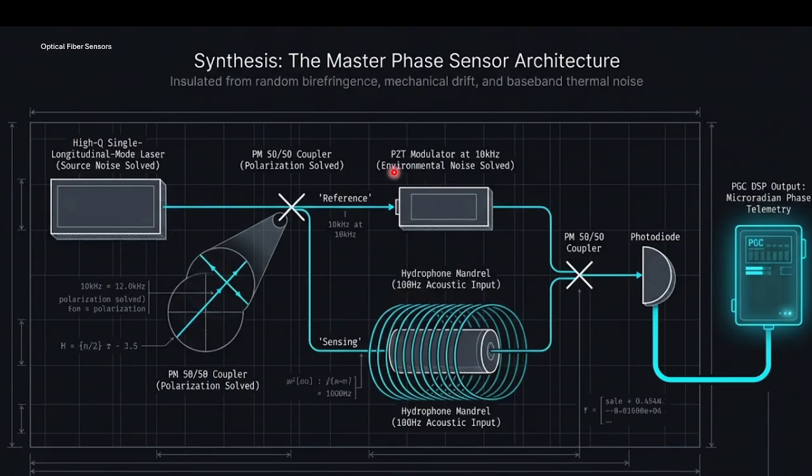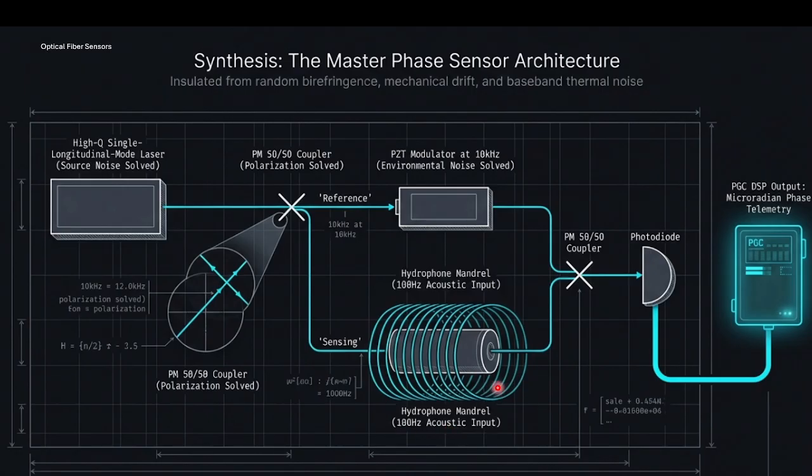In the reference, the PGC modulator at 10 kilohertz, which solves the environmental noise, is used, and in the sensing arm, the hydrophone mandrel with 100 hertz acoustic input is used.